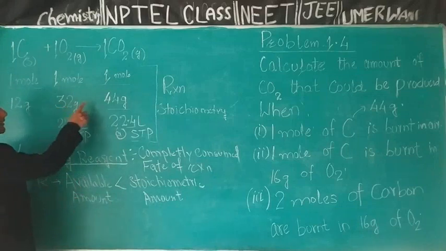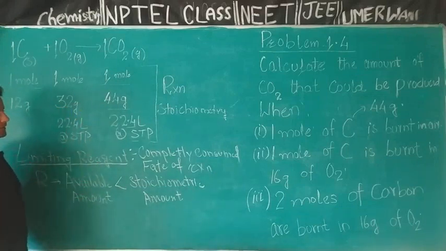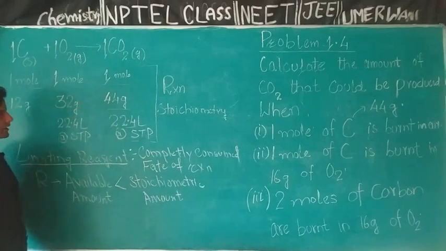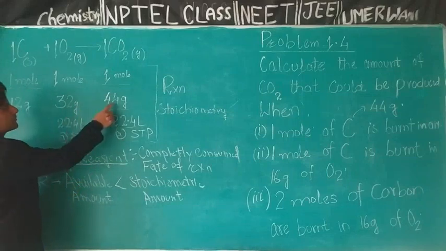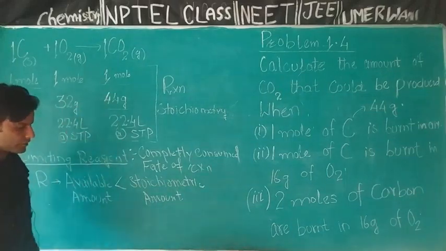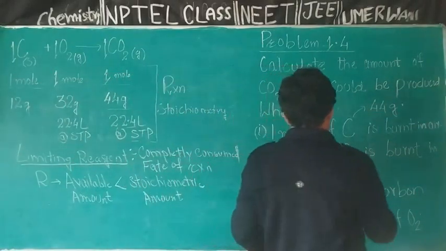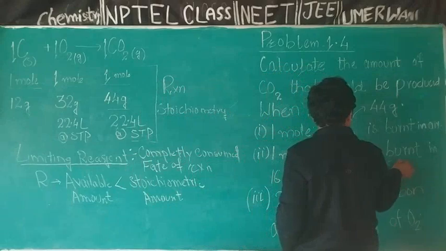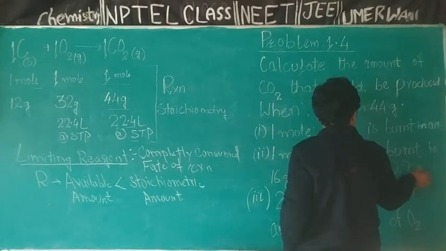Therefore, 16 grams will produce half of what is produced by 32 grams. 32 gram produces 44 gram, so 16 grams will produce half of 44, which is equal to 22. So the answer of part second is 22 grams.